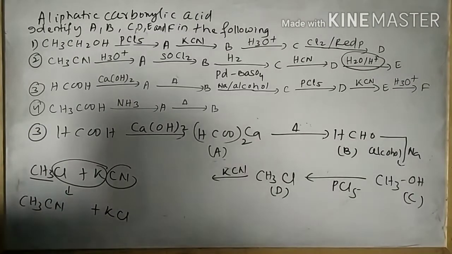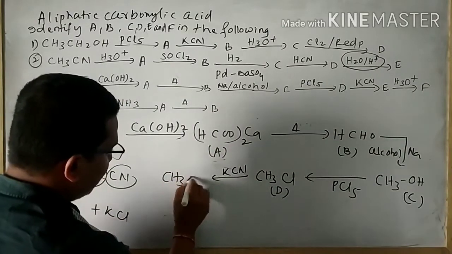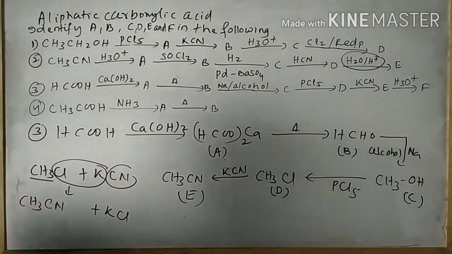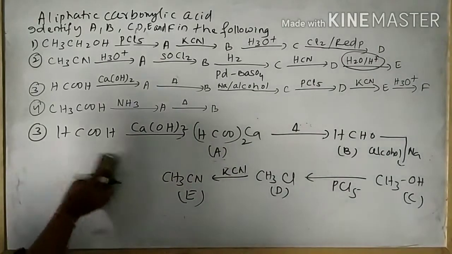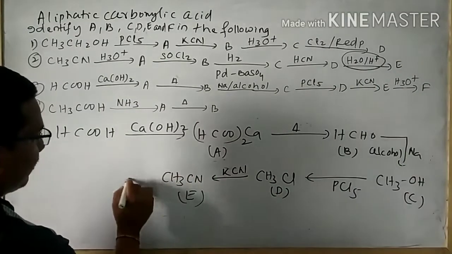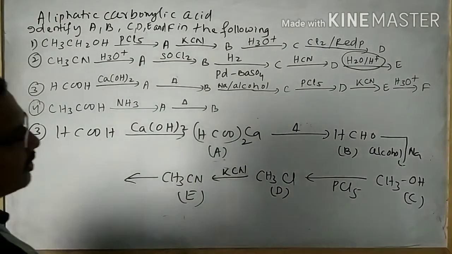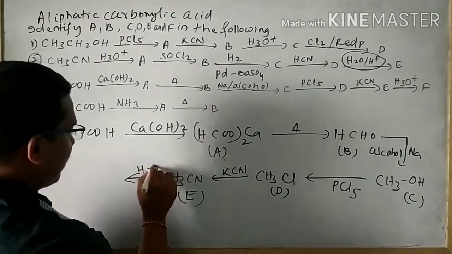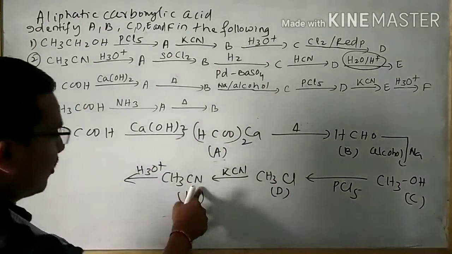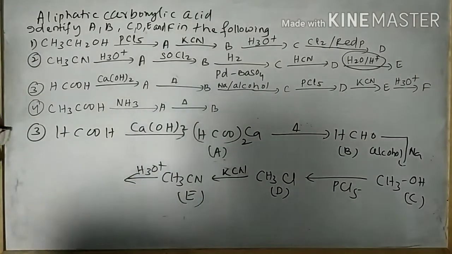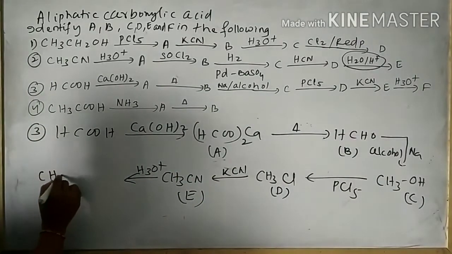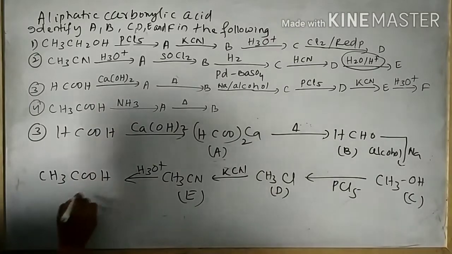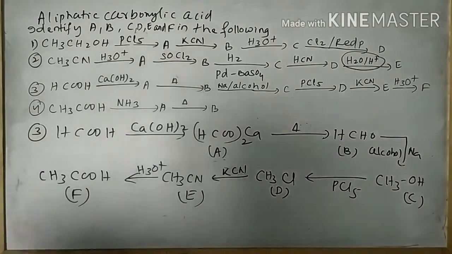That is methyl cyanide, CH3CN, and it is the E product. Next, methyl cyanide is subjected to reaction with H3O plus. We know that when CN undergoes acid hydrolysis, COOH is formed. That means we can write CH3COOH. That is the F product.